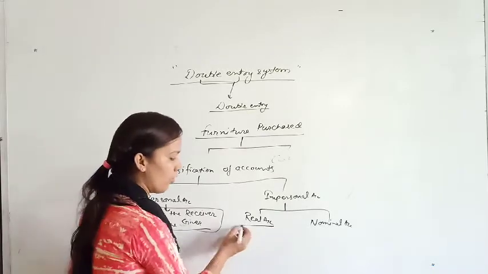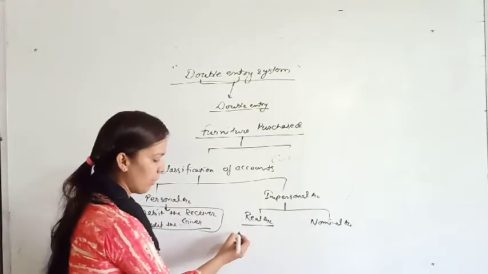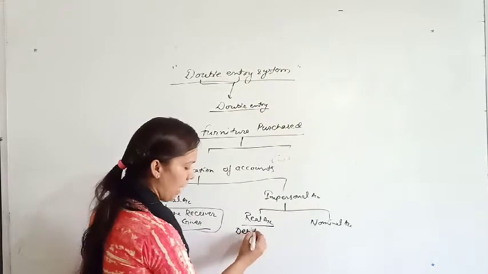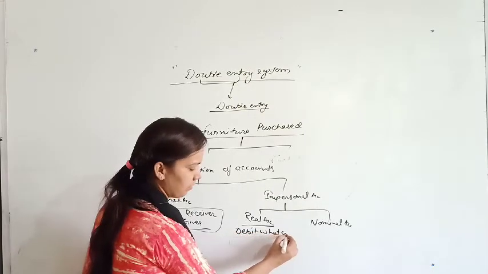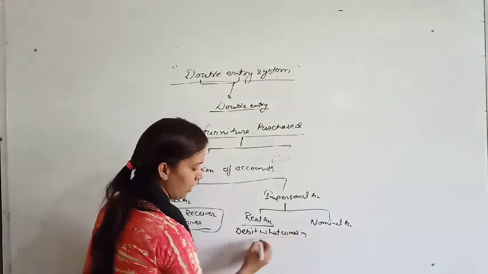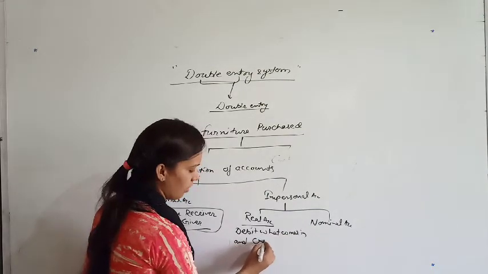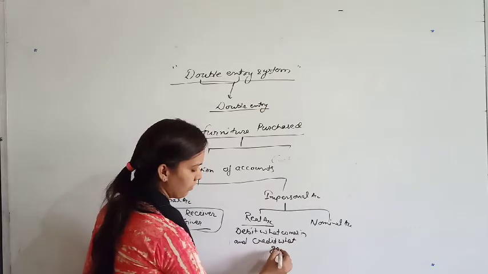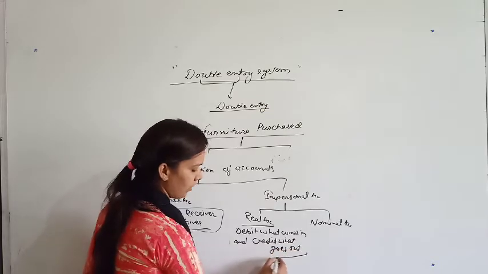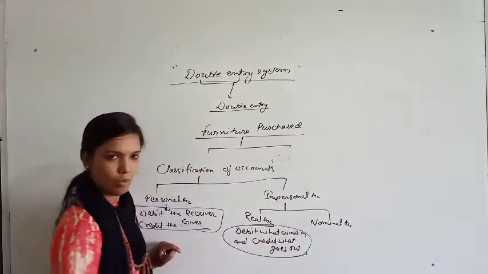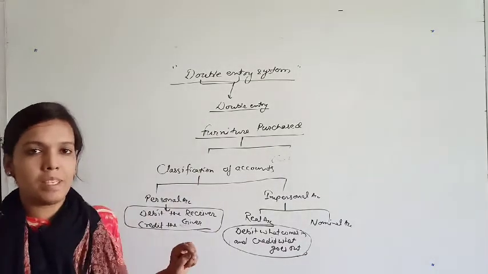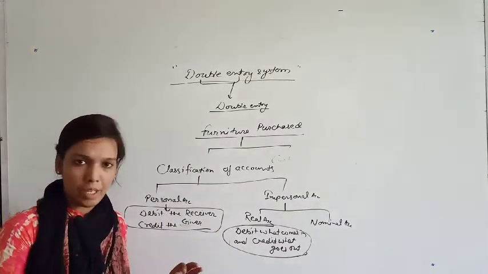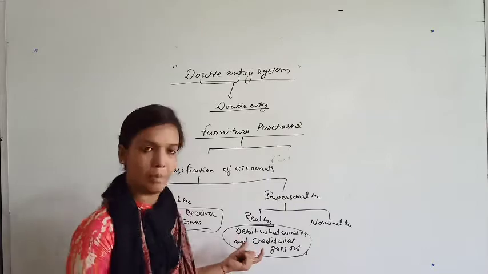Okay. What is the rule of real account? Real account will be: debit what comes in and credit what goes out. This is the rule of real account. Debit what comes in means if any asset is coming into the business, that will be debited.